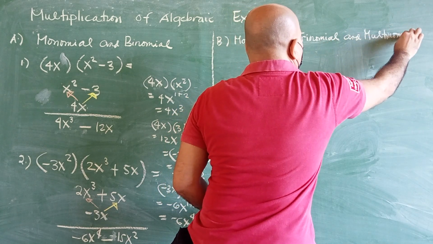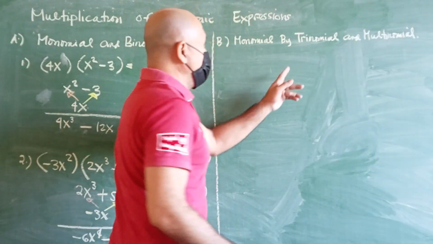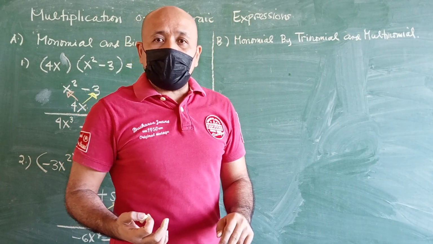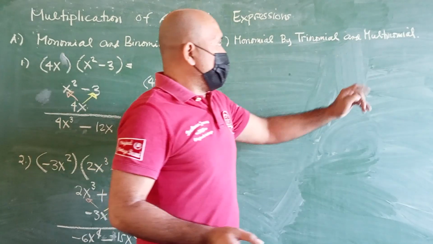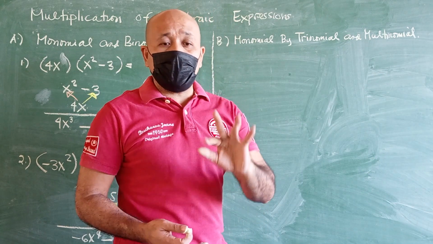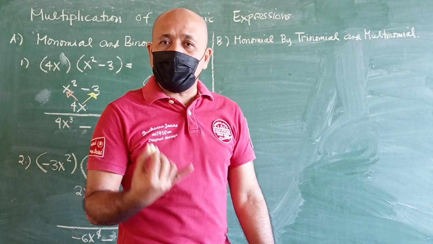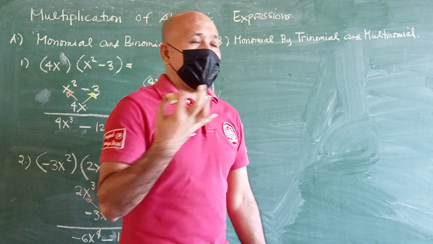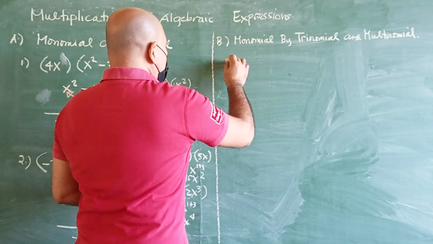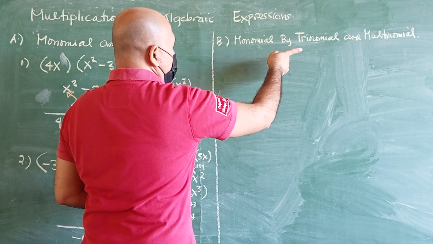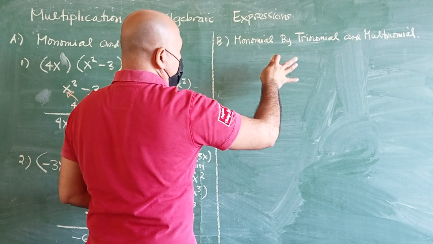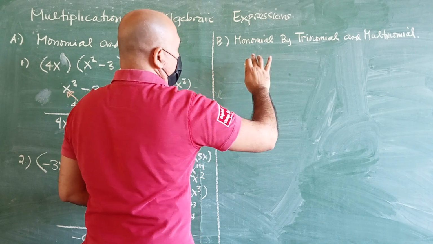When we say trinomial, the algebraic expression is composed of three terms or three monomials, while the multinomial consists of more than three terms. It could be 4 terms, 5 terms, or 6 terms. You call them multinomial. So for example, under the multiplication of monomial by trinomial and multinomial, or simply monomial, trinomial, and multinomial.